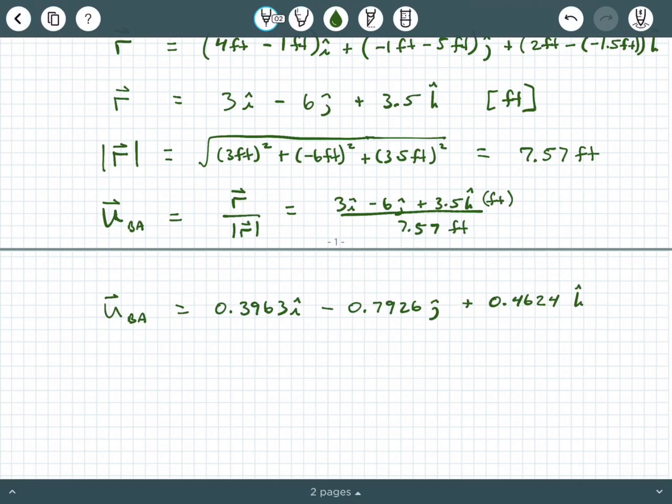And that's the unit vector that defines the distance or the position from B to A.